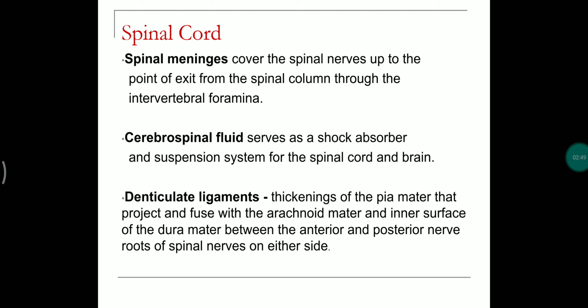And there are denticulate ligaments. Denticulate ligaments are thick ligaments of the pia mater which fuse with the arachnoid mater and the inner surface of the dura mater between the anterior and posterior roots of spinal nerves on either side, which helps to hold the spinal nerves while they are moving out of the spinal cord.